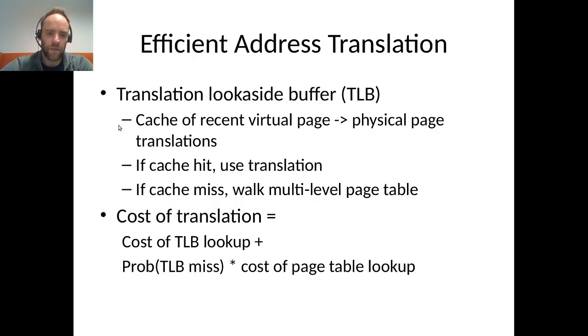This means that we need some hardware to implement this cache, so it has to be a small piece of very fast memory. And it will essentially hold a table of recently used translations. If we find the virtual address that we're looking to translate in the translation look-aside buffer, the cache, then we have a so-called cache hit, and we use that translation.